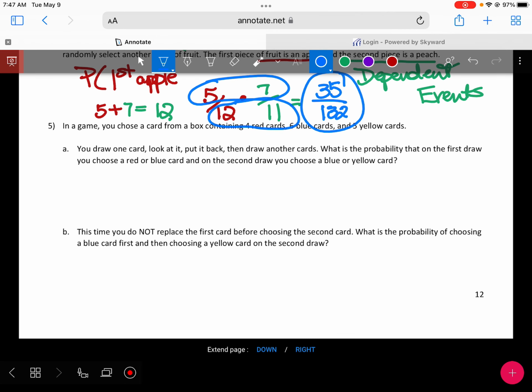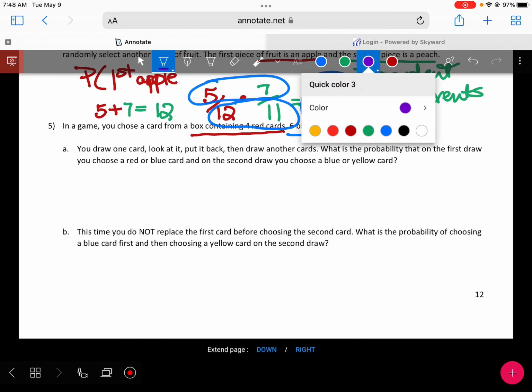It says, in a game, you choose a card from a box containing 4 red cards, 6 blue cards, and 5 yellow cards.